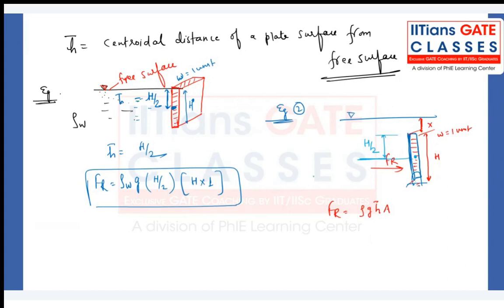But no, we have to calculate the centroidal distance of a particular surface from the free surface. This is my free surface till here. This will be my total h bar, and that will be my capital H by 2 plus x. And once again, area will be capital H into width. Make a note of it.